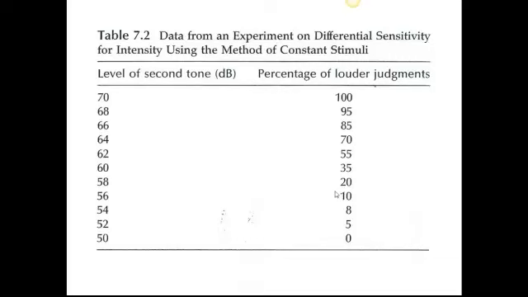So here is data from an experiment on differential sensitivity for intensity using the method of constant stimuli. You have 2 tones, and they're comparing the 2 tones for intensity. This is the level of the second tone, and on the right-hand side is the percentage of louder judgments.